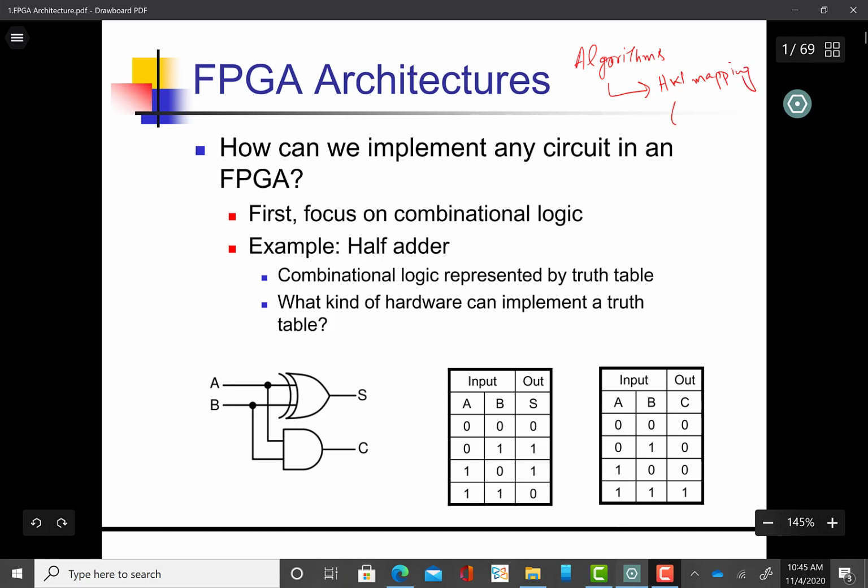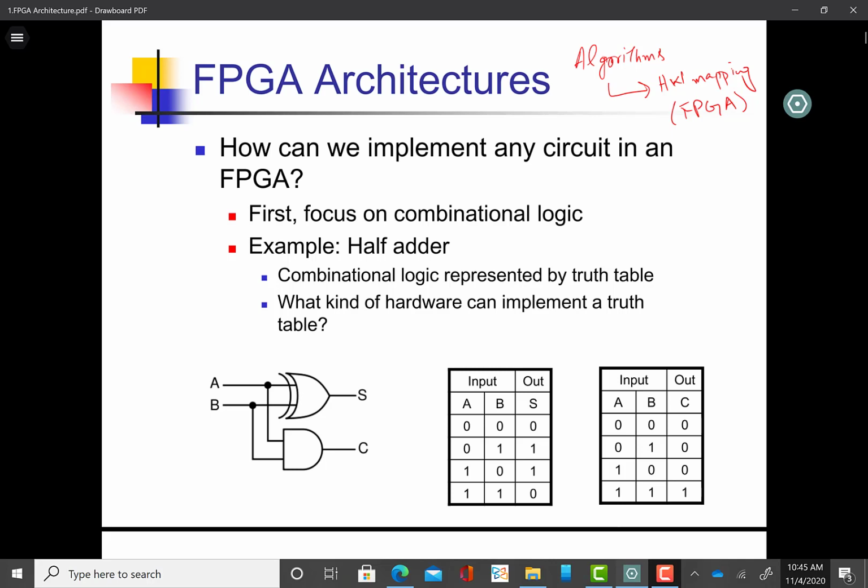And the type of hardware that we are talking about in particular is FPGA, which stands for Field Programmable Gate Arrays. So FPGA is a very interesting kind of implementation platform which can be used to implement any digital circuit.